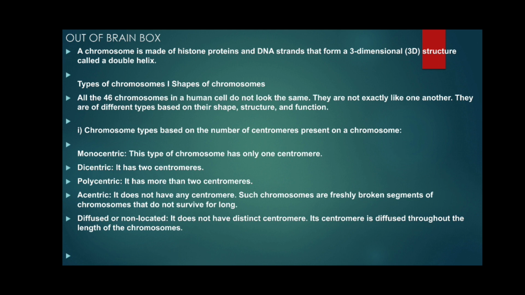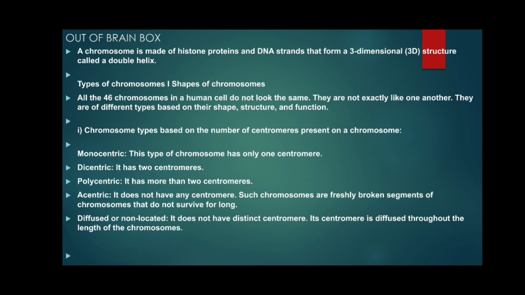In the previous slides, you observed images showing the structure, types and shapes of chromosomes. In humans, 46 chromosomes are found in the cell, but they are not all exactly the same. They are different types based on their shape, structure and function.